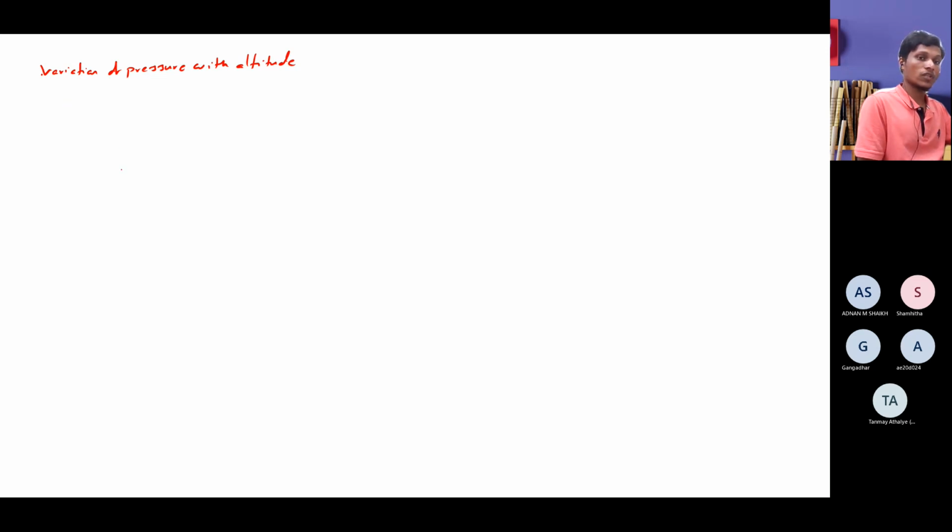Suppose you have a known pressure P1 at the surface or some known point, and you want to know the pressure P at some altitude h. P1 is the known pressure and P is the unknown pressure. Consider this region as an isothermal region.